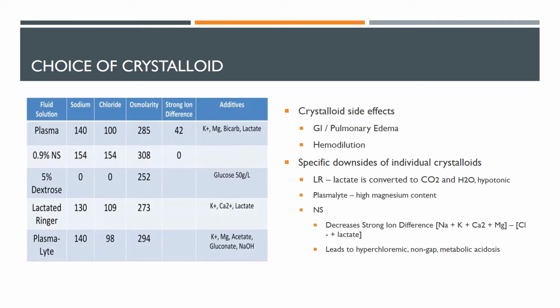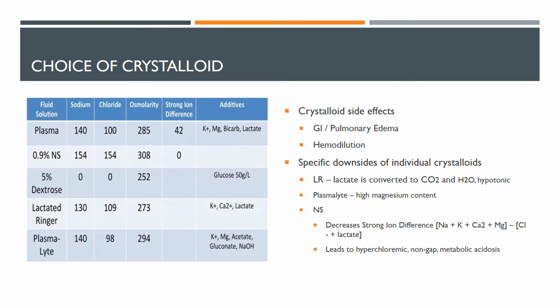So for instance, with lactated Ringer's, one of the characteristics is that lactate is converted to CO2 and water. It's also a hypotonic solution. Plasma-Lyte is perhaps the most balanced of the crystalloid solutions, although it does have a high magnesium content.